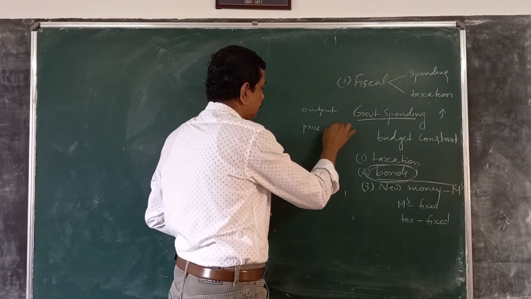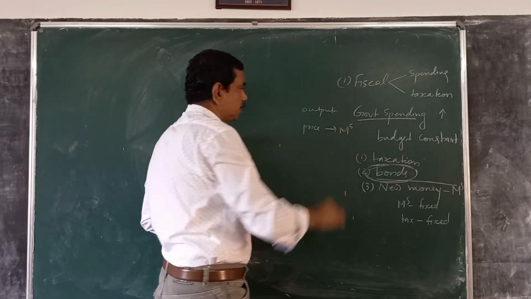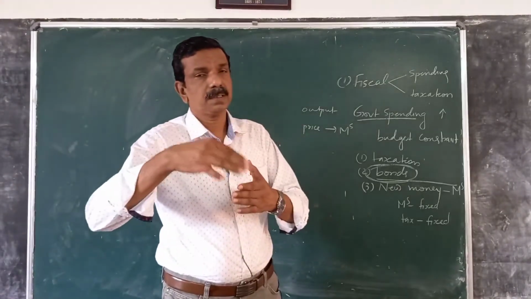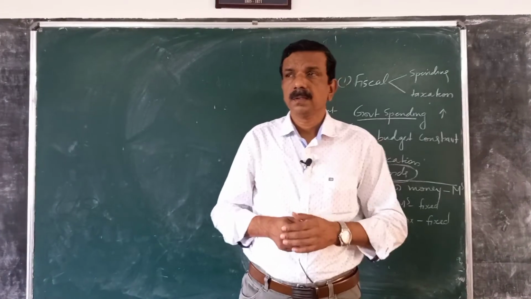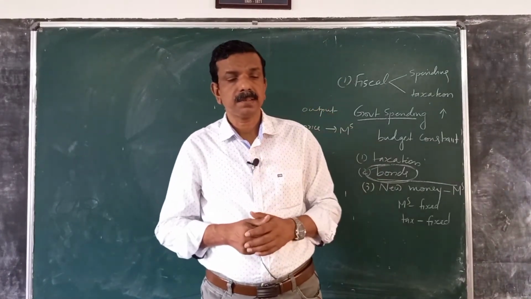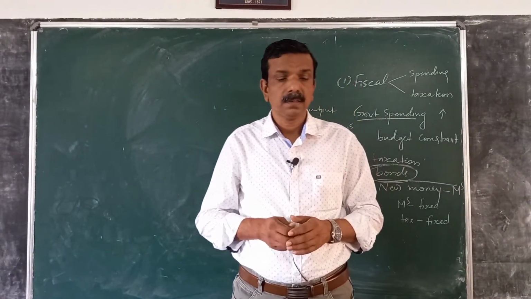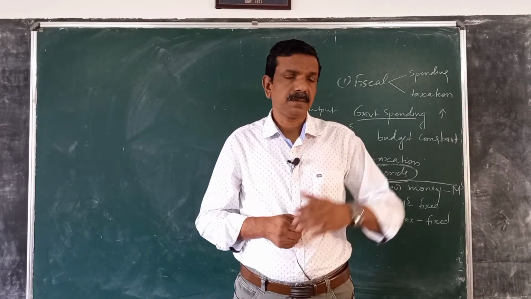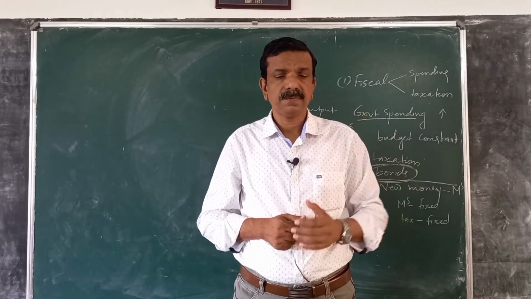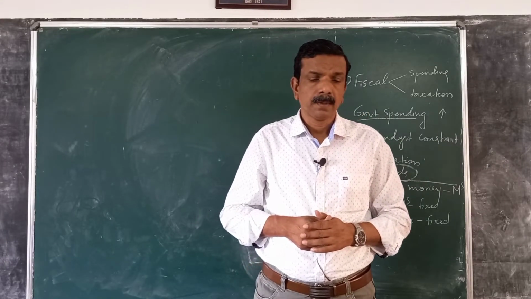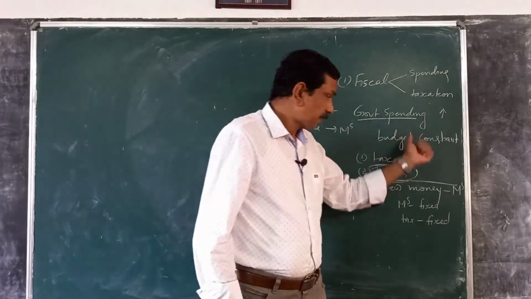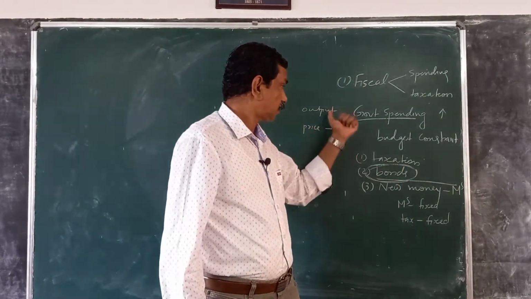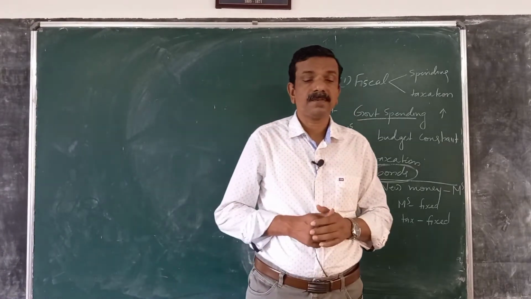Price level is not affected because money supply is not affected. And as we have seen in the previous class, an increase in price level is associated with an increase in the supply of money, which we discussed in the context of quantity theory. So, a bond financed increase in government expenditure will not affect output or price level.